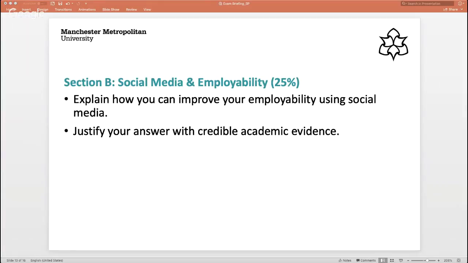So having online CVs on platforms such as LinkedIn, being able to network in places like Instagram, on Twitter, and being able to join a conversation. But also how, if you mismanage your social media, it can hinder your ability to get a job.